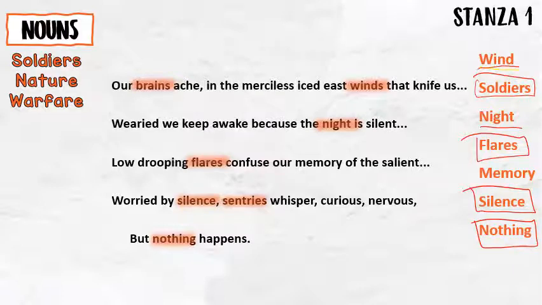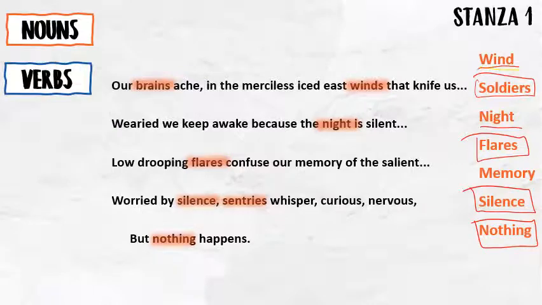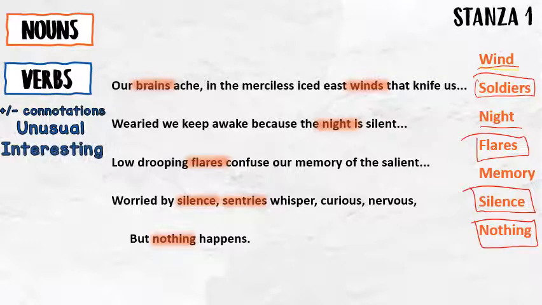After I've gone through and found the nouns, I then like to look at the verbs, in terms of the positive, negative connotations, anything unusual, anything interesting. Remember, a verb is a doing word. And so what we find is that we have words like ache, knife, wearied, confuse, whisper, curious, nervous.